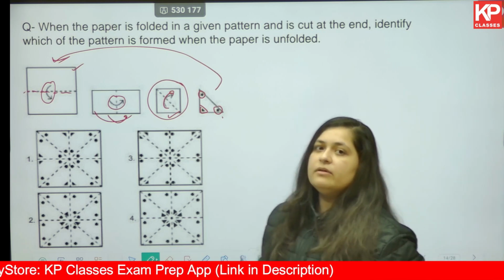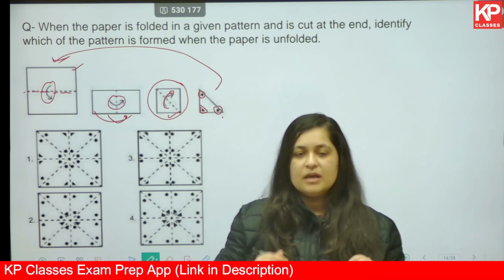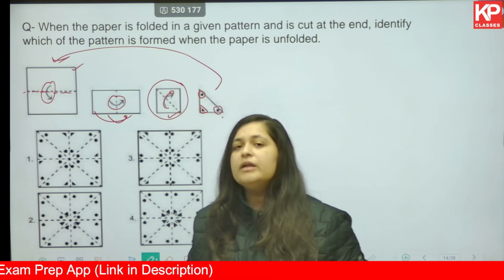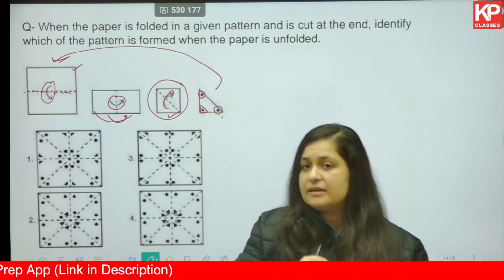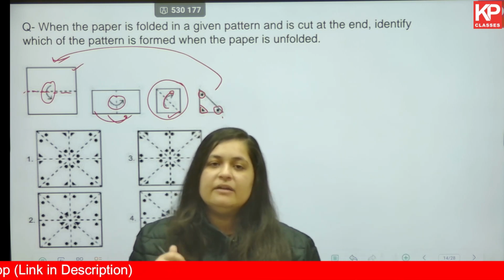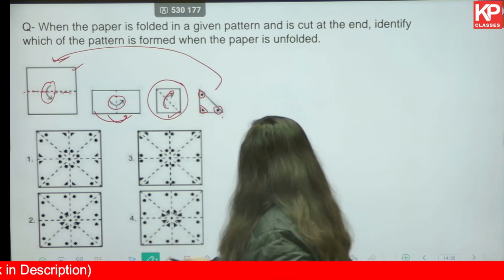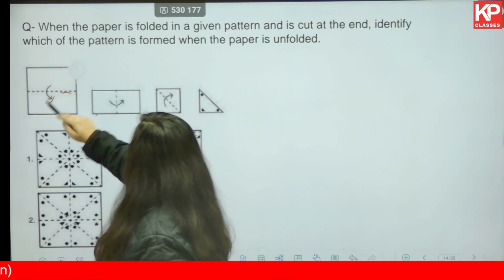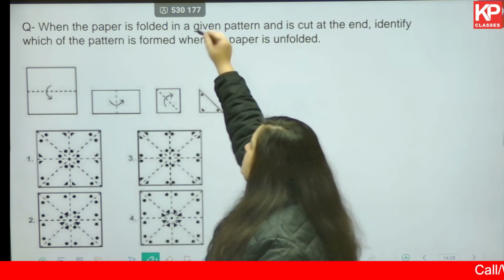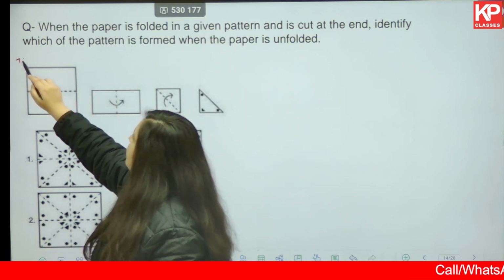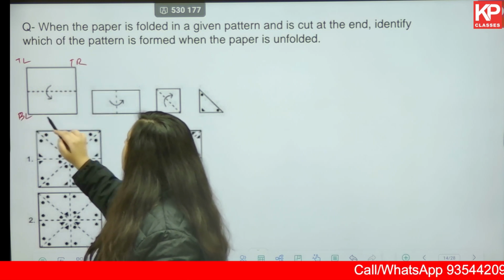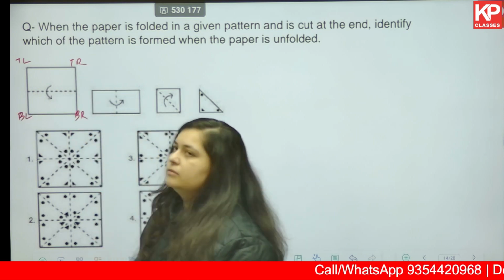One method is, let's make it very simple. Let's work on one element at a time. If we are not able to solve by this method, then we look at the positions. What you have to do is, this is the top left corner, this is the top right corner, bottom left corner, bottom right corner.